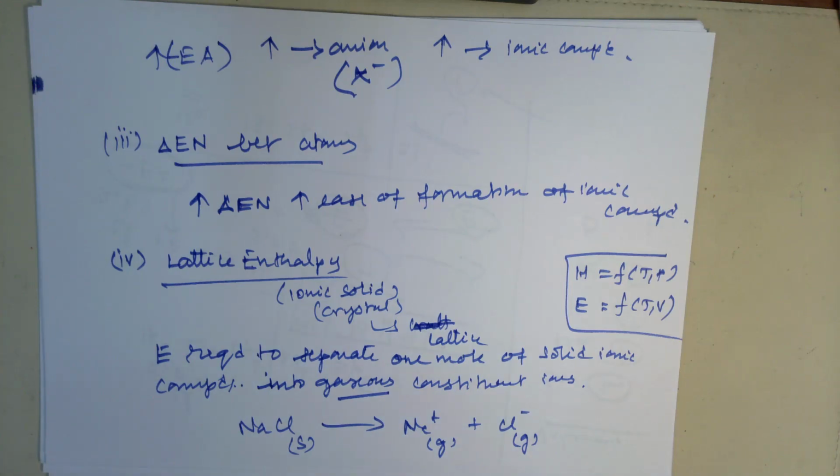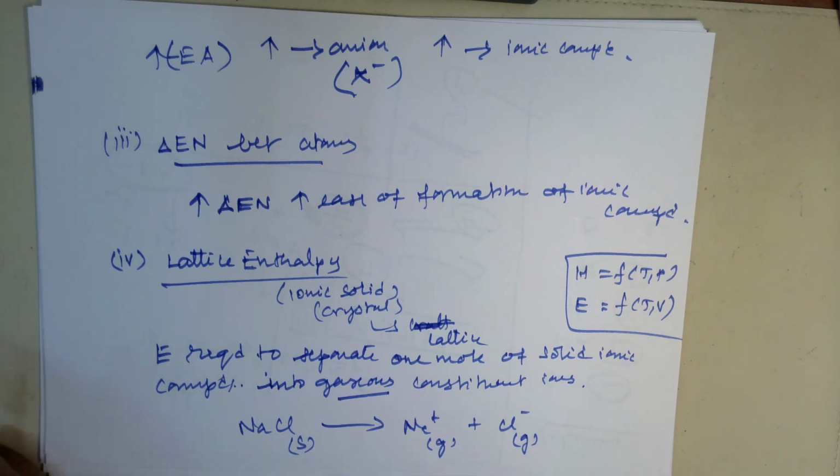No. Can you dissolve it? No. Can you melt it? No. Then what? It is the tendency to split this, for which we require a certain amount of energy to split into Na plus and Cl minus.